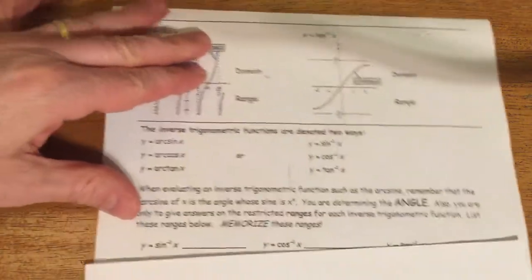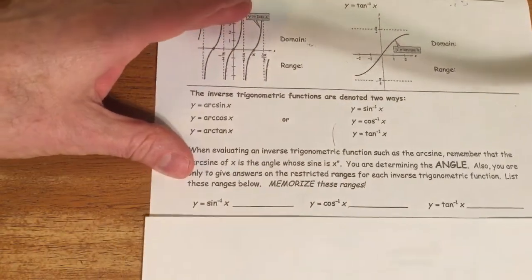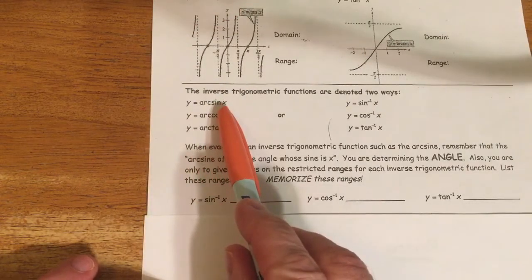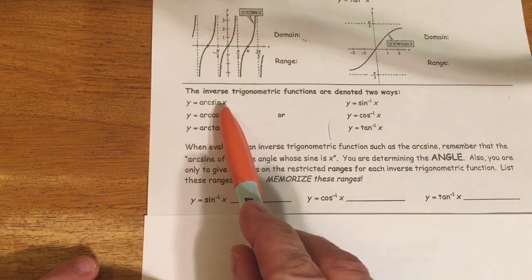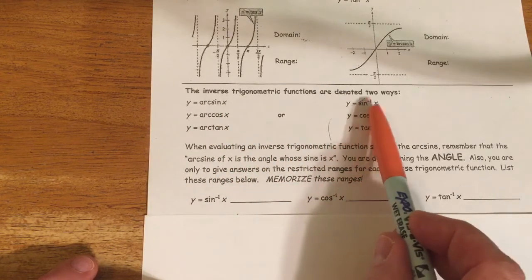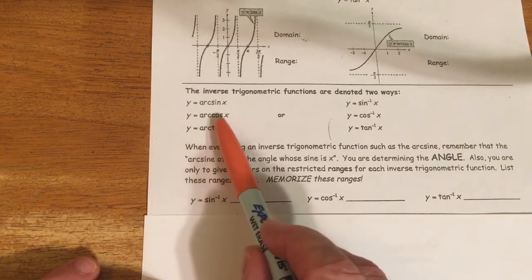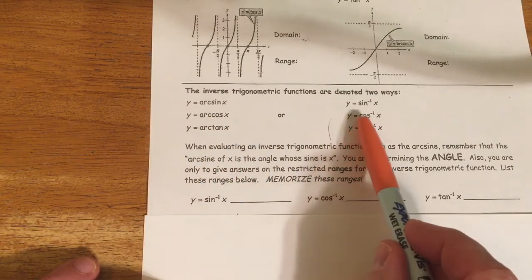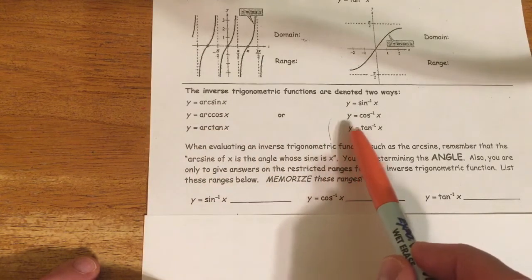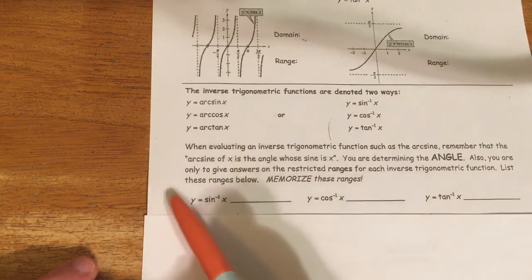And when we do that, we want to keep in mind that we've got y equals arc sine x, the arc whose sine is x, like we went over at the beginning, which is the same thing as y equals sine inverse of x. Y equals arc cosine x, which is the same thing as y equals cosine inverse of x. Y equals arc tan of x, which is the same thing as y equals tan inverse of x.